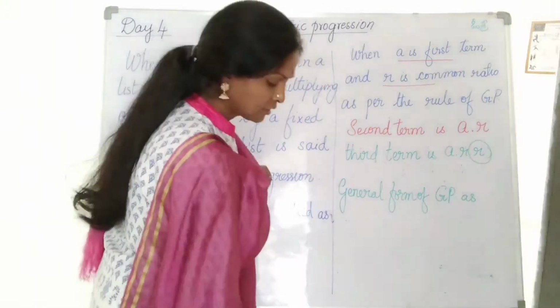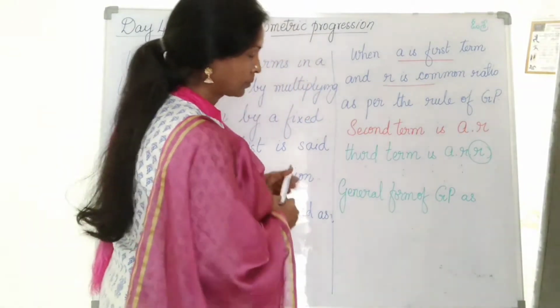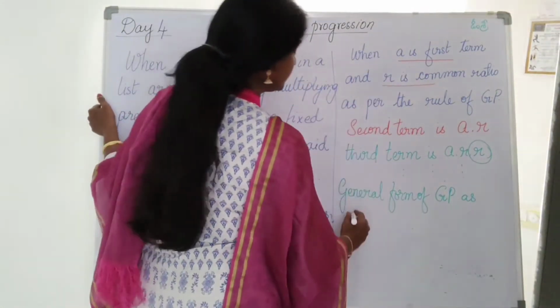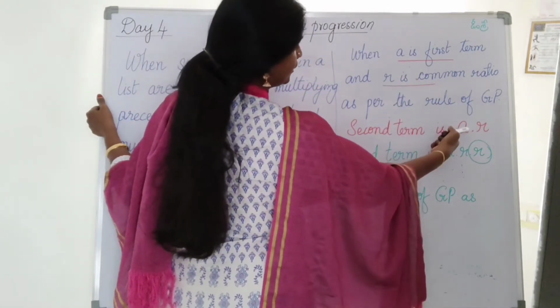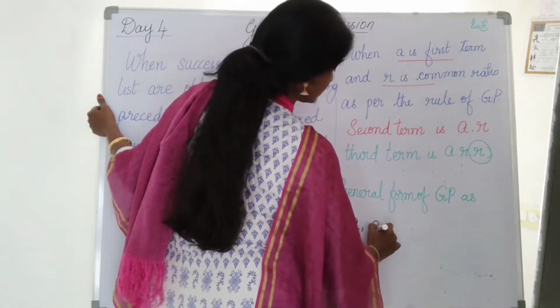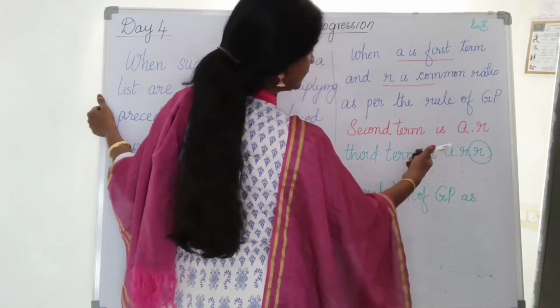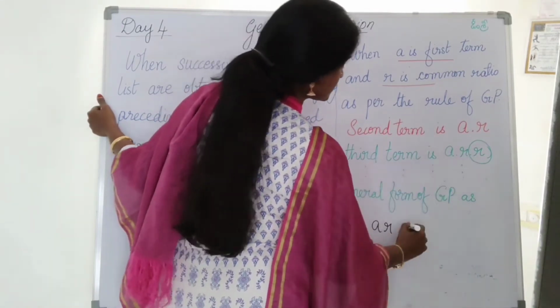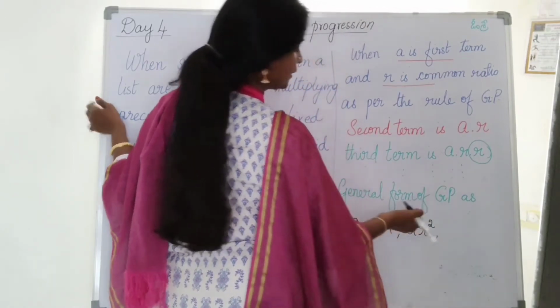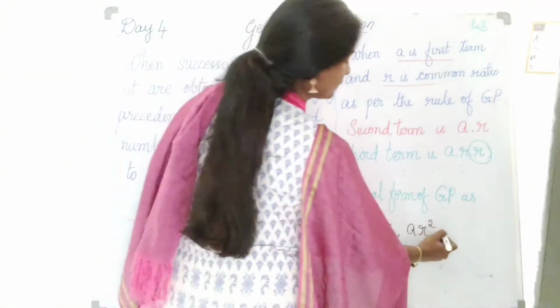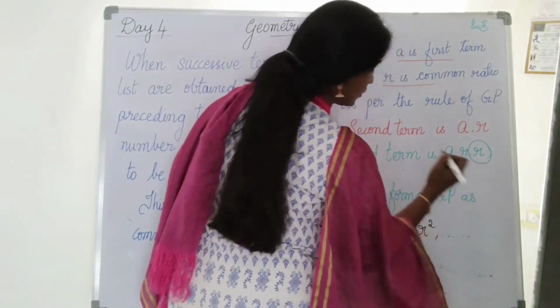How do you get the general form of GP here? The first term we have considered as A, and the second term we are getting as A into R, and the third term that we are getting is AR into R, which we can write directly as AR square, and so on.